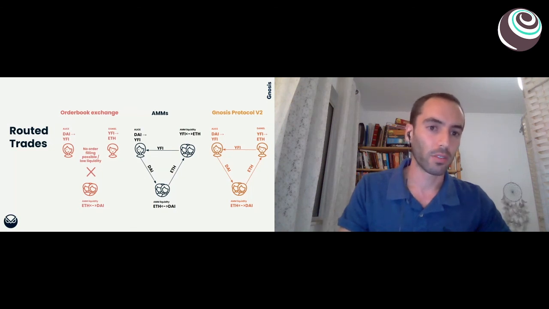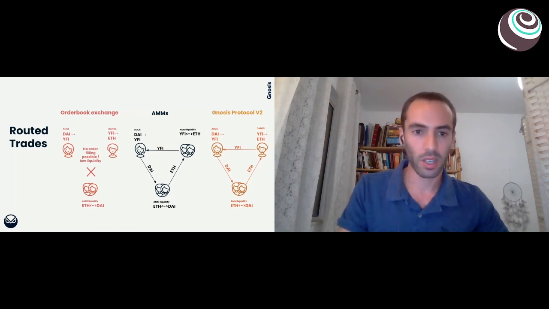So for example, Alice will most probably need to go through the ETH liquidity pools, because those are usually the highest liquid pools, and she will first exchange DAI for ETH and then ETH for YFI, and this will cause twice the 0.3% trading fee. So it's not that efficient, but it's still possible.